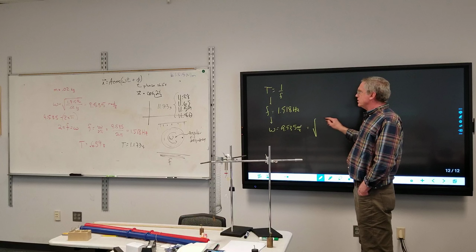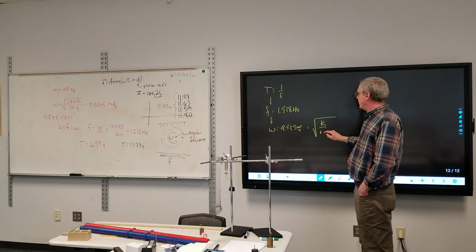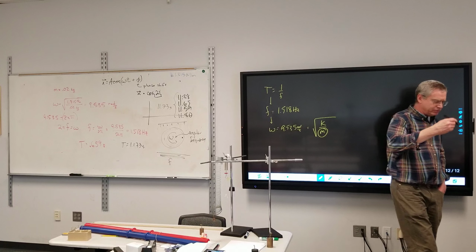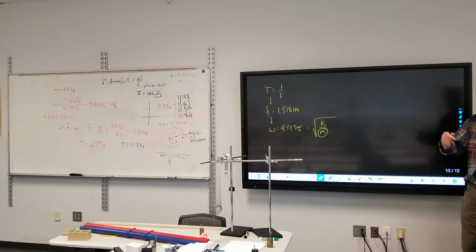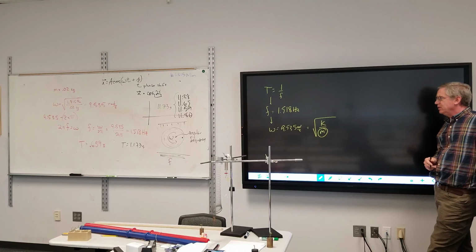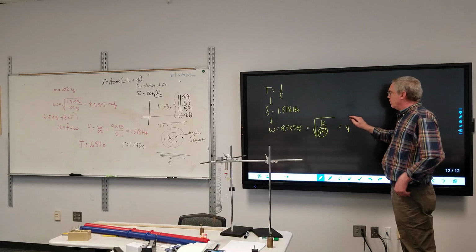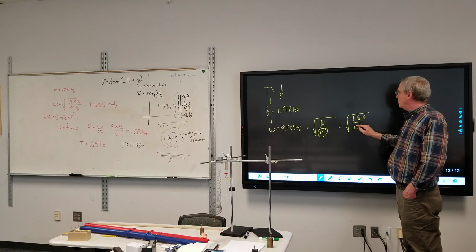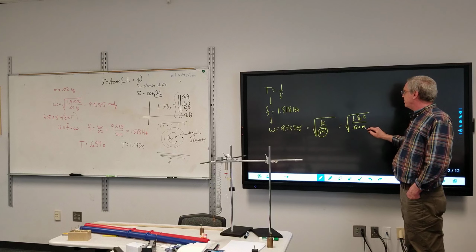This is where it changes. Omega is the square root of k over m. That m is the mass that I added plus the mass of the spring itself. So this would be the square root of 1.815 divided by 0.02 plus the effective mass.